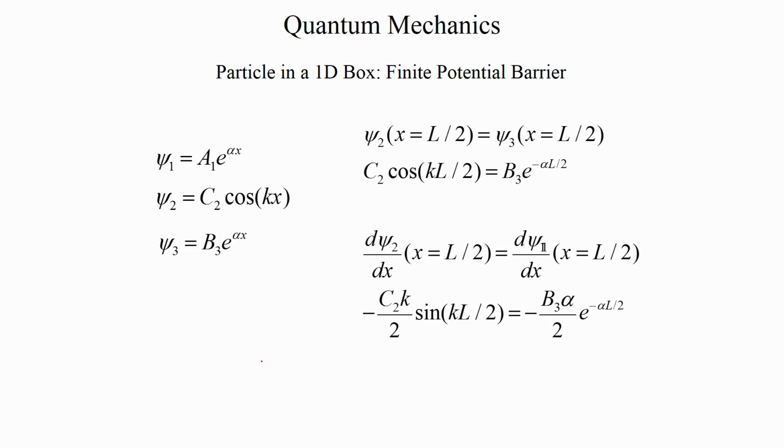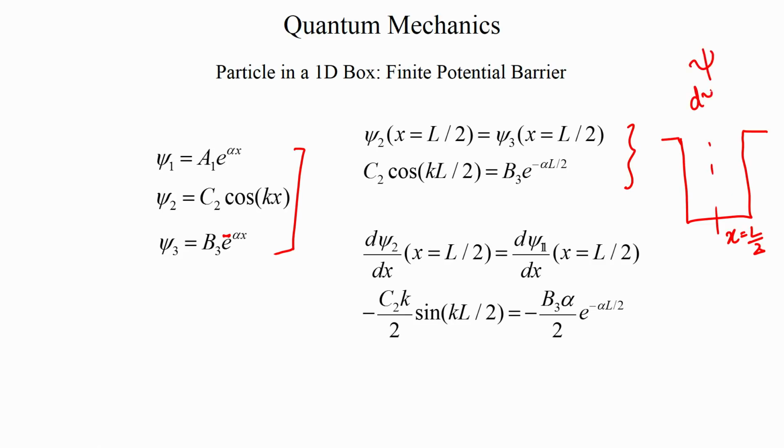Now, what is the second condition? We have these three solutions. Apart from the continuity constraint, the first derivative of the wave function must also be continuous. So at x equal to L by 2, I must have not only psi being continuous, but also d psi by dx being continuous.